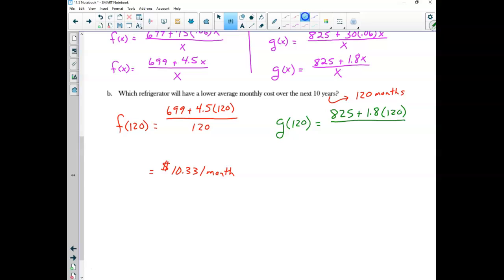And if I divide it by my total of 120 months that I had it for, this is going to give me my average monthly cost over 10 years, which is going to be $8.68 per month. Okay, so which one is going to have a lower average monthly cost? Obviously, it is the Cool as a Cucumber.